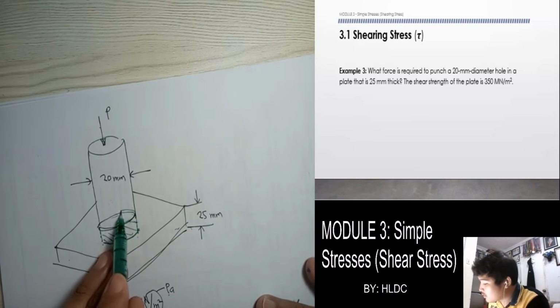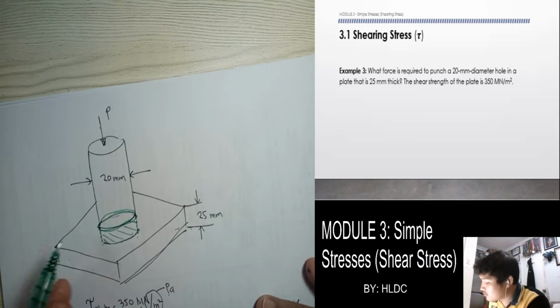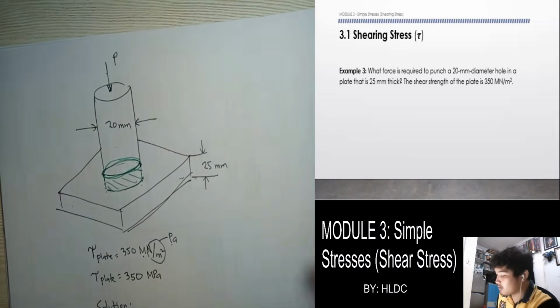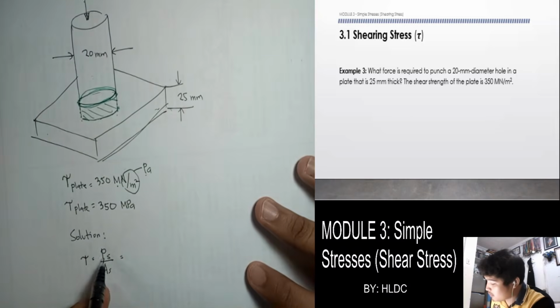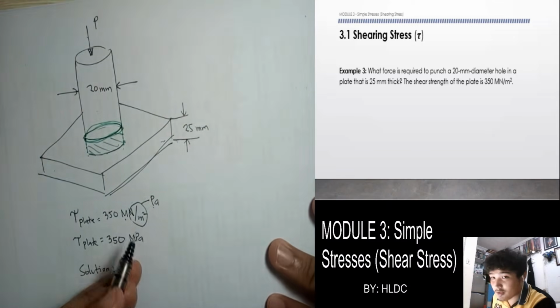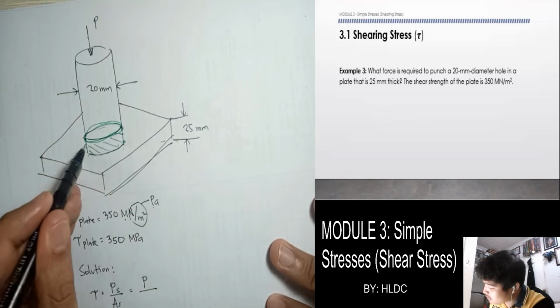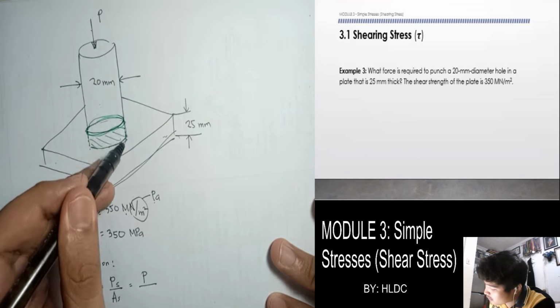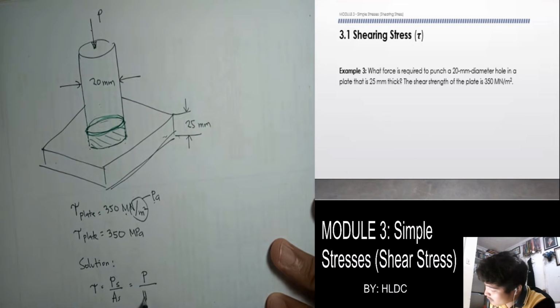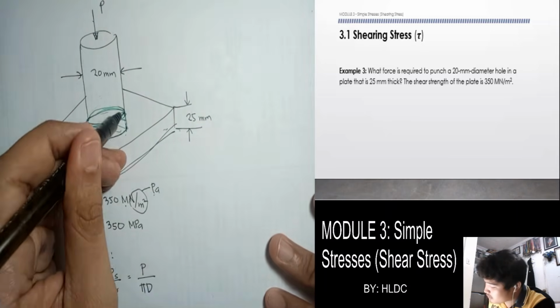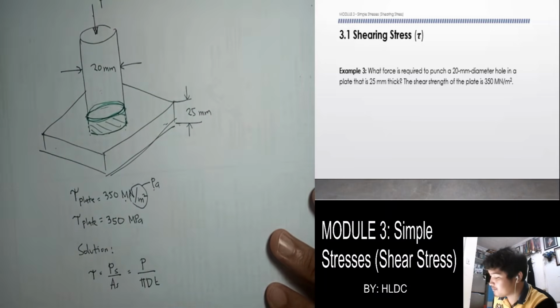So, itong palibot na to pati yung sa likod, yun yung sheared area. So, that is itong PS, yung P dun sa taas. So, yan P. And then yung area nito, it is circumference times the thickness, or circumference is pi d. And then yung height is thickness.